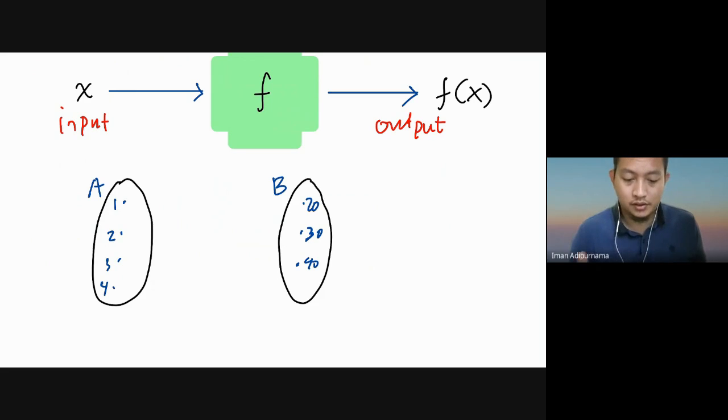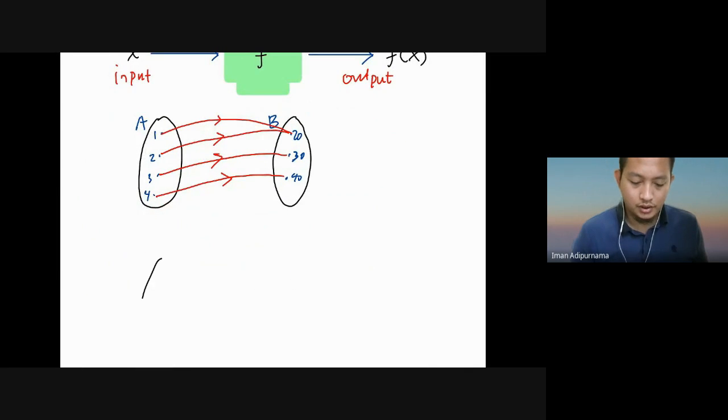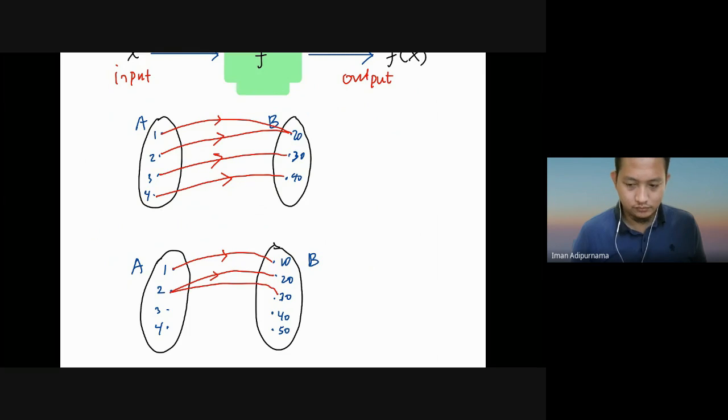If I have an arrow there, and arrows here and here, and I have another set A and B, so I have two conditions. The first condition here and the second condition here.